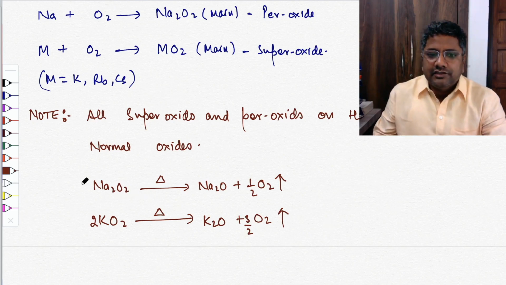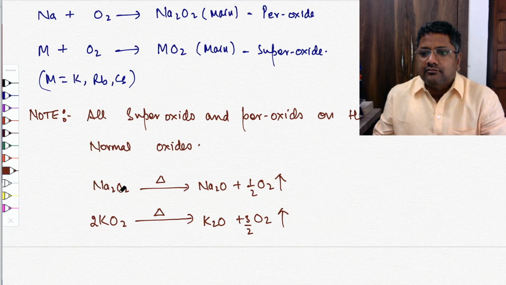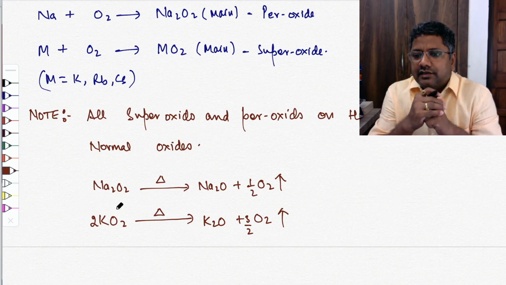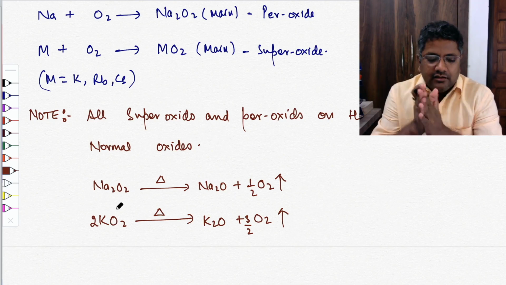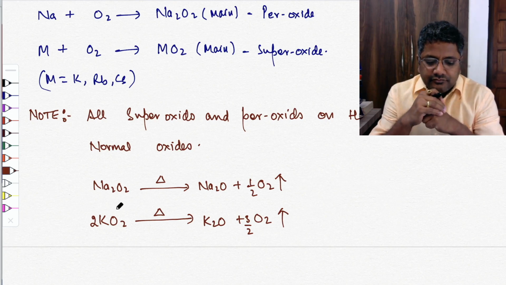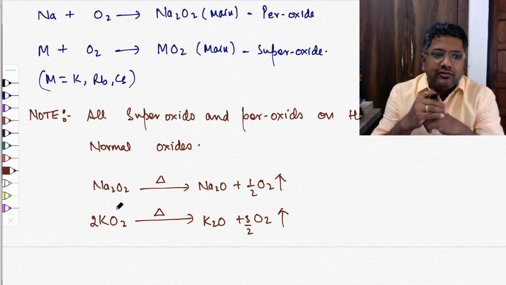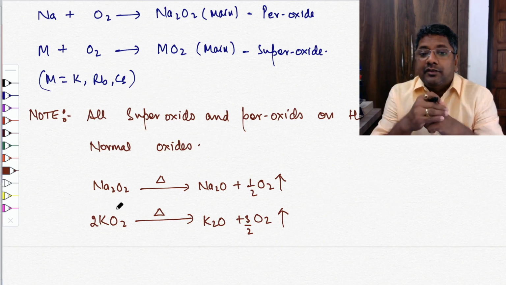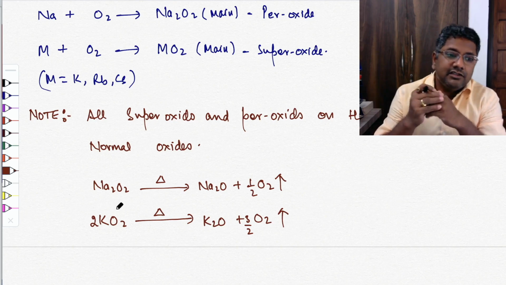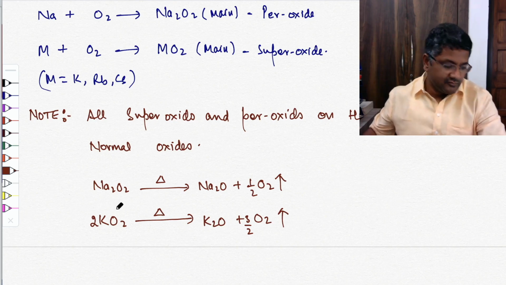So this is sodium peroxide and this is potassium superoxide. So all superoxides and peroxides on heating produce normal oxide. So normal oxide you can prepare indirectly, but you cannot prepare normal oxide by direct reaction with oxygen, right?